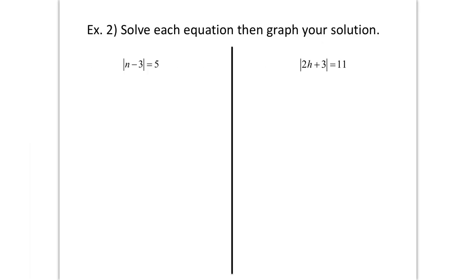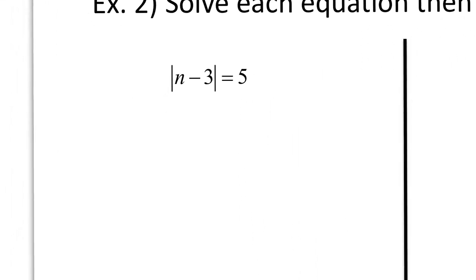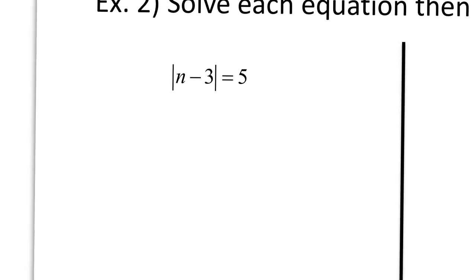So look at these examples here. We want to solve the equation and then graph the solution. So we have absolute value with an equal sign. We have an equation, and I'm going to go to the one on the left side here, the absolute value of n minus 3 equals 5. So what we have to do here to solve, we need to make two different cases, because we don't know what this number is, but we need to find what that value is.